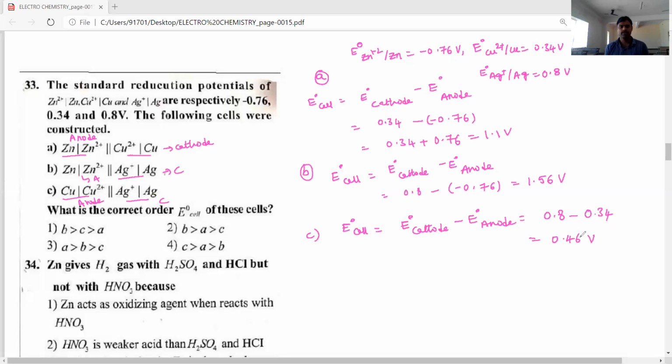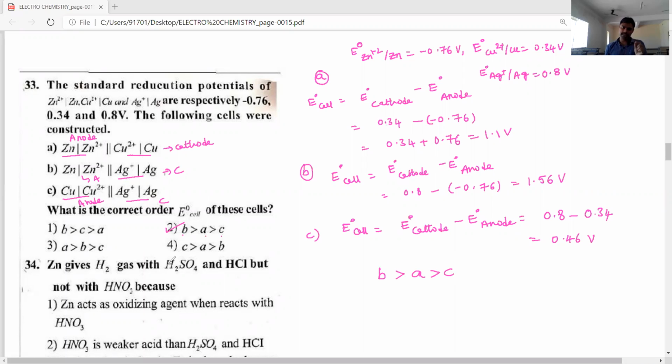Now we have to identify the order of which has more electromotive force. B is more, then A, and then C. The answer is the second option.